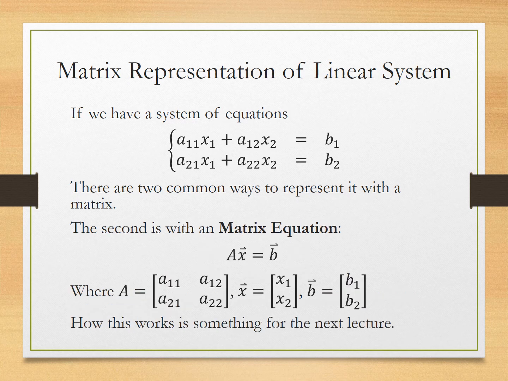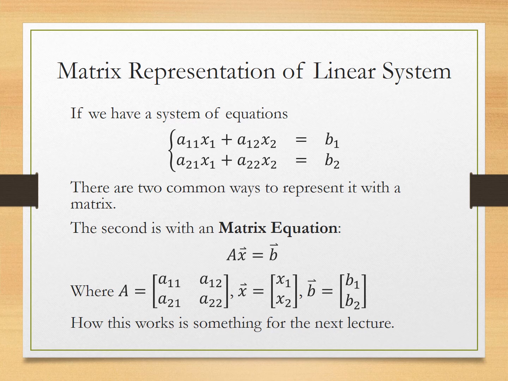The second way is with a matrix equation. A matrix equation, as you can see, is A times X equals B, where A is a matrix of the coefficients A11, A12, A21, A22, X is a vector of the variables x1 and x2, and B is a vector of the constant terms b1 and b2.